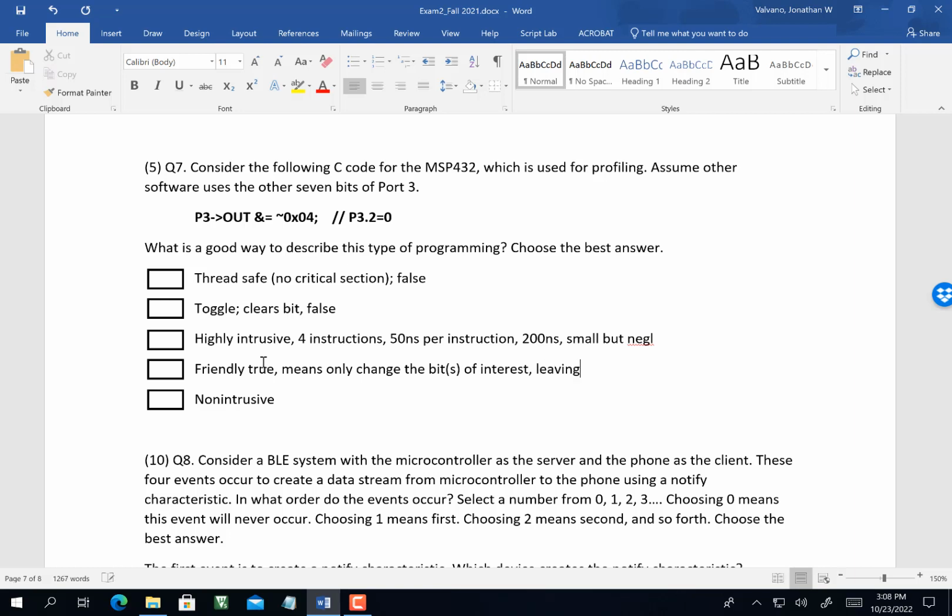This obviously means you can merge software together with one piece not affecting the other, leaving the other bits unchanged. We just figured it out. Non-intrusive would mean no effect, but 200 nanoseconds is small but not 0. So this is false.